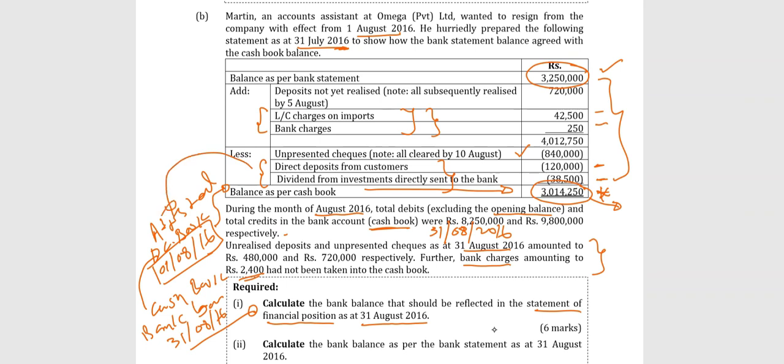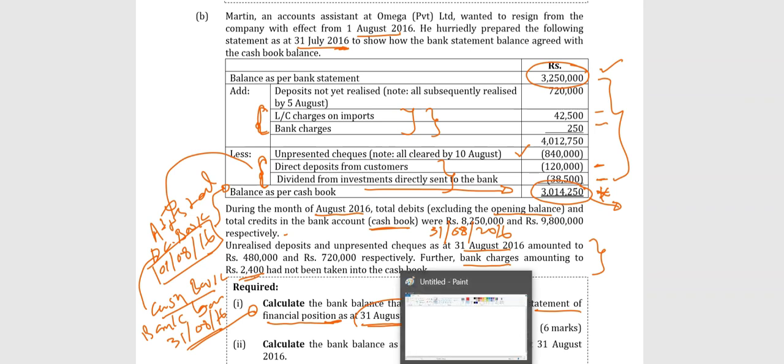Then find out the opening balance after adjusting these two figures. Then identify the cash book balance to be shown in the financial position by taking into account the cash book entries, the debit and credit entries that have to be recorded to arrive at the 31st August 2016 balance. Okay, so shall we do that?